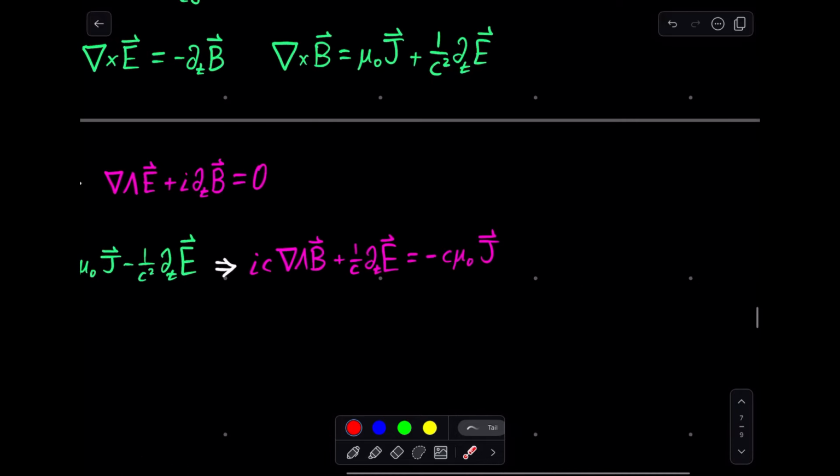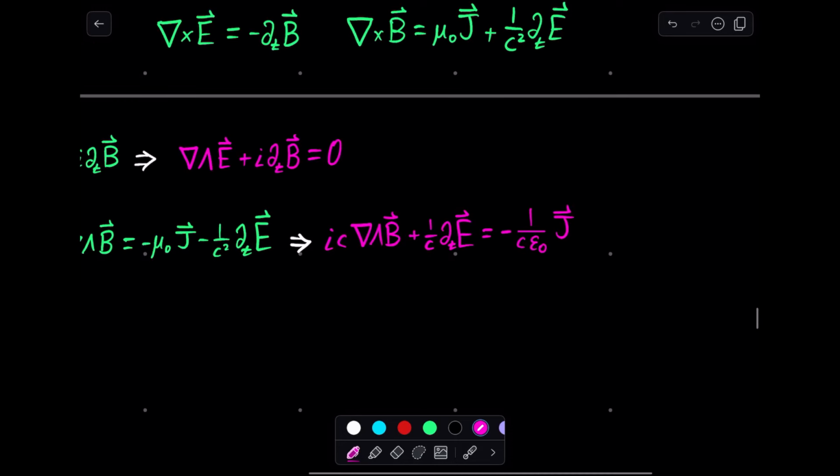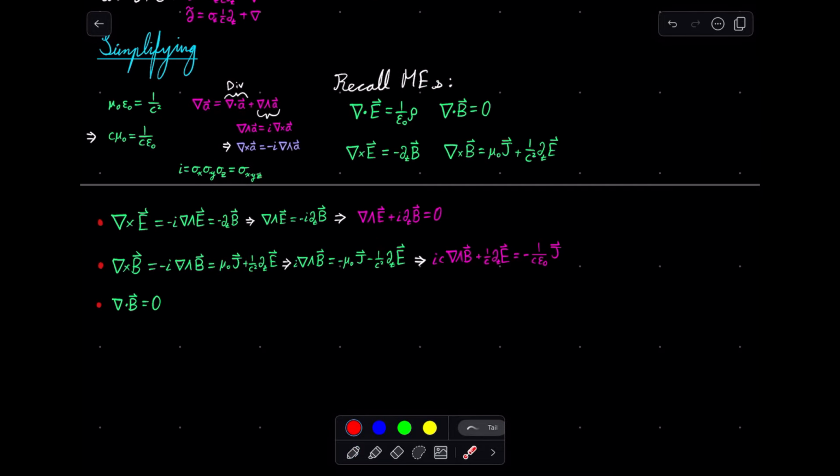So I'm going to rewrite this as 1 over c epsilon naught. Now, time for this last change that we need to do, or rather a rearrangement. It turns out that this one we don't need to rearrange at all, so we'll just leave it as is.